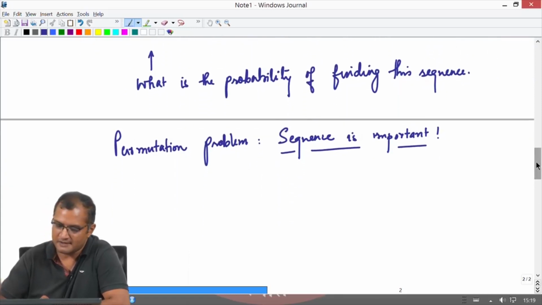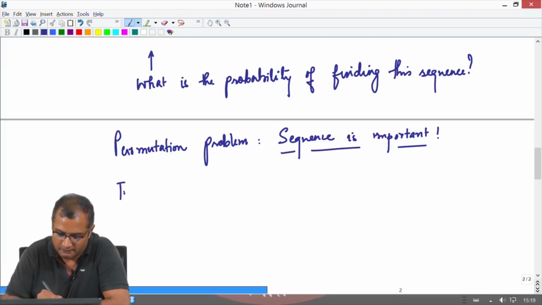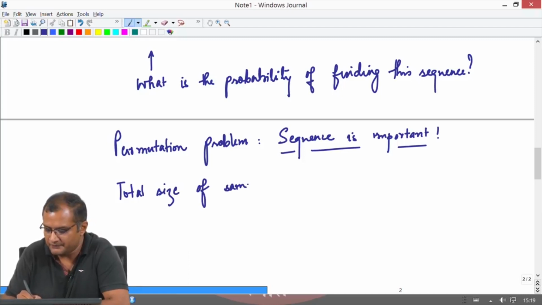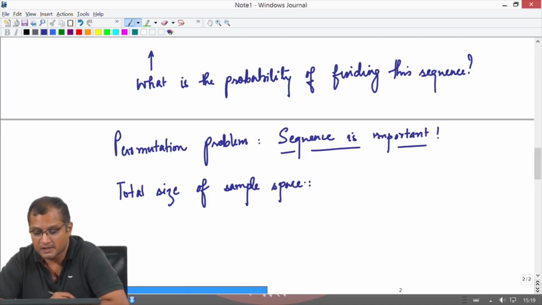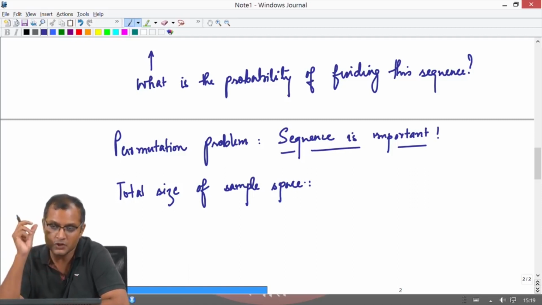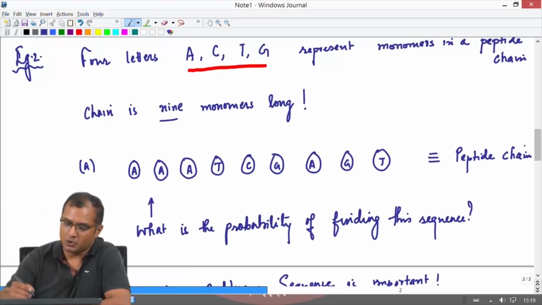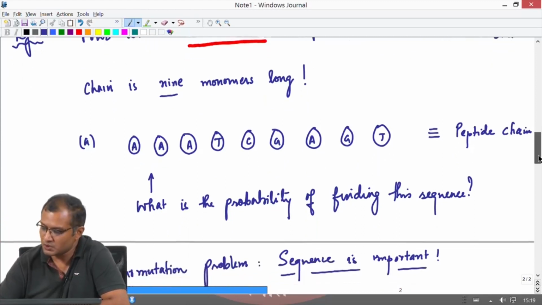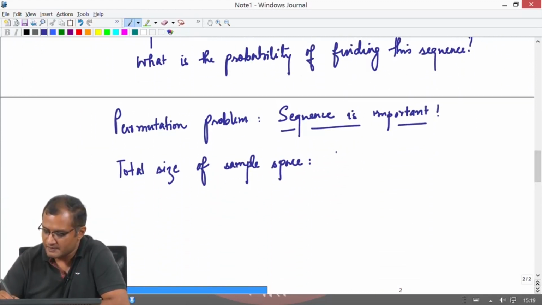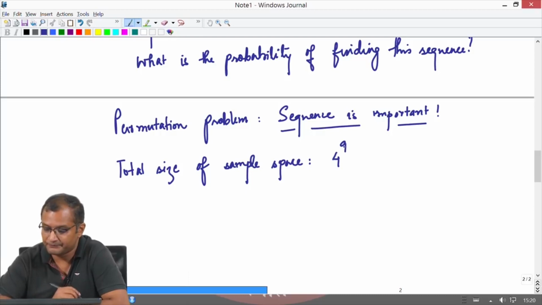To answer what is the probability of finding this sequence, I must first find out the total size of the sample space, which is the total number of sequences that are possible. Okay. Now, since there are 9 monomer units, each of them can be taken by these 4 monomers A, C, T and G, which means the total number of realizations that I can construct is 4 to the power 9. Okay.